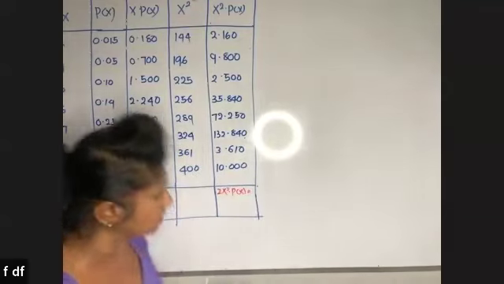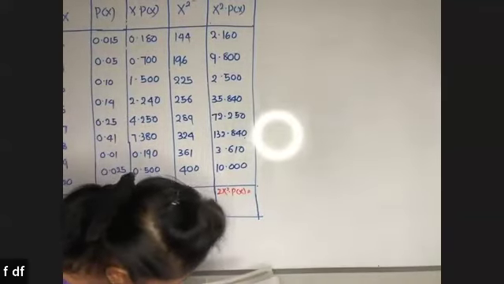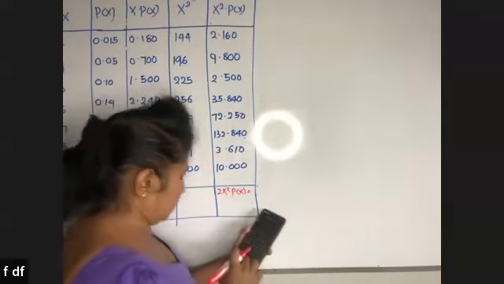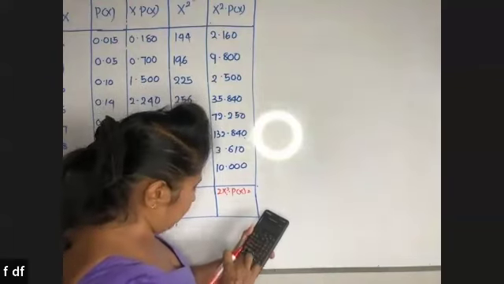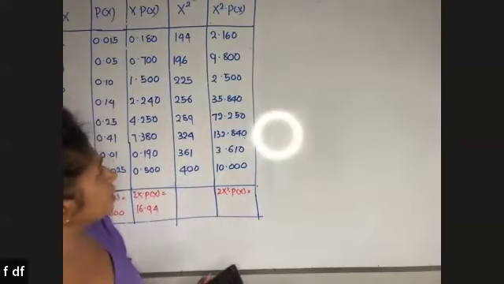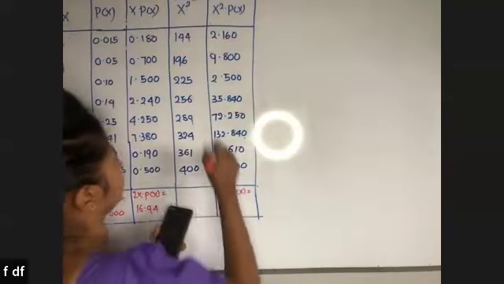Check the total again. Product total check around 9.8, 22.5. This is 22.5, sorry.